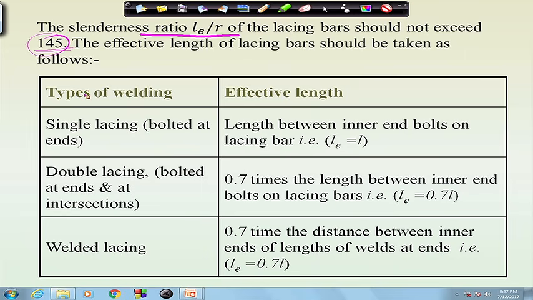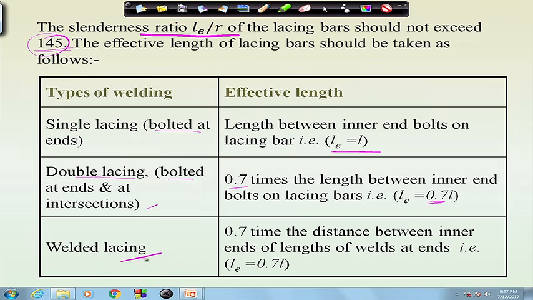To calculate LE, the effective length, that has also been discussed in the code. In case of single lacing with bolted end, LE will be L, where L is the length between inner end bolts of the lacing bar. For double lacing bolted at ends and intersections, it will be 0.7 L, where L is the length between inner ends of bolts, right.